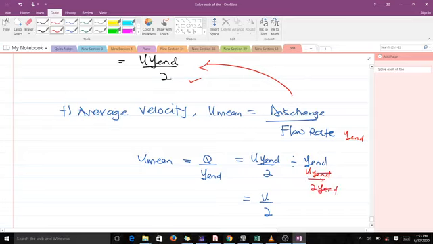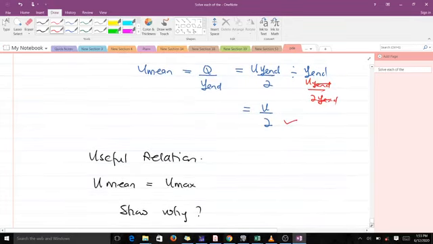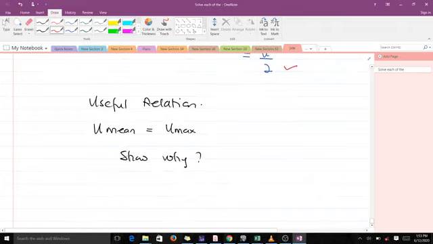So this cancels this, and we have U over 2. I hope you get it. A useful relation here is that u mean is equal to u max. Can you see that? u mean is given as U over 2 and u max is also given as U over 2, so u mean is equal to u max.